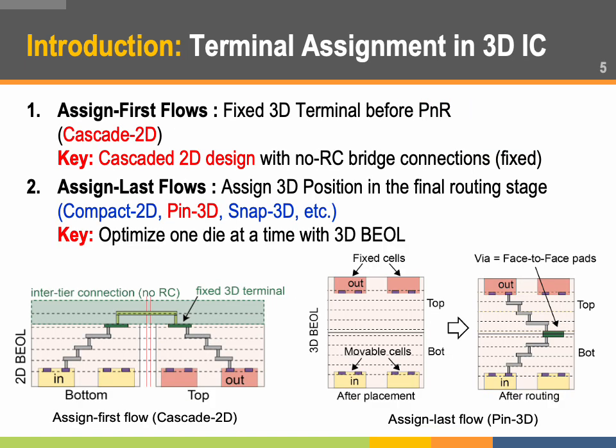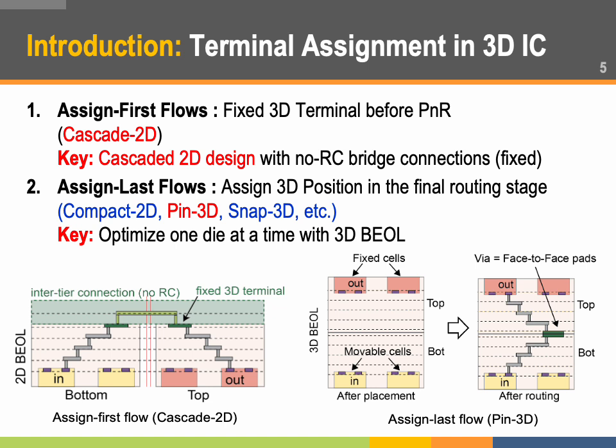Among the state-of-the-art 3D design flows, 3D terminal assignment can be categorized into two groups based on when the 3D terminals are assigned. First, the assign first flow. The 3D terminals are fixed before performing placement and routing, or PNR. And second, the assign last flow. The 3D terminals are assigned during the final routing stage by the routing engine.